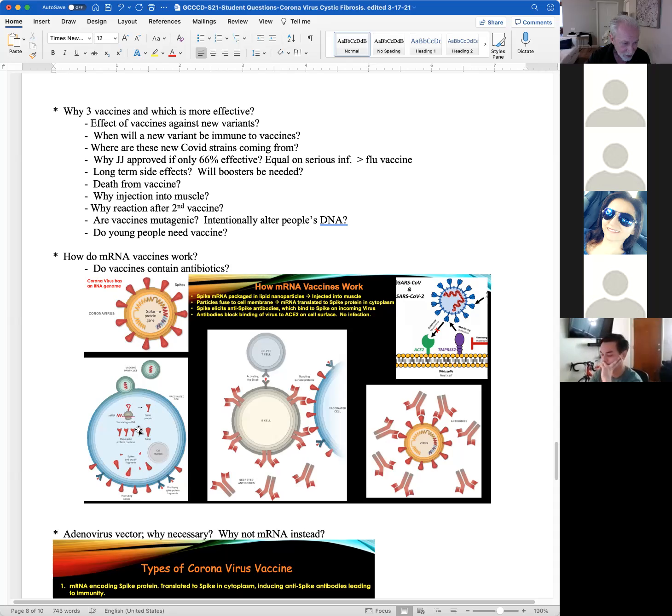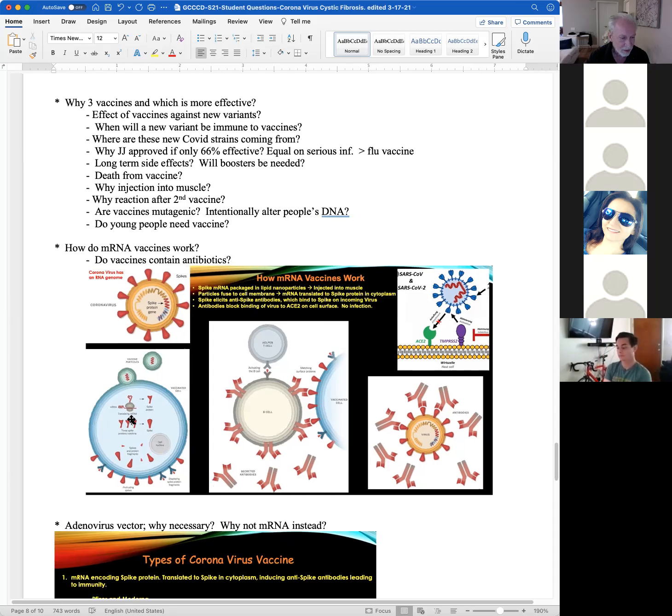Well, once spike protein is produced, it will appear on the surface of this cell. And notice that there's a nucleus here, but the nucleus is not at all involved in this process. It all happens in the cytoplasm. So once you have this vaccinated cell that's producing spike on its surface, now the immune system comes into play.